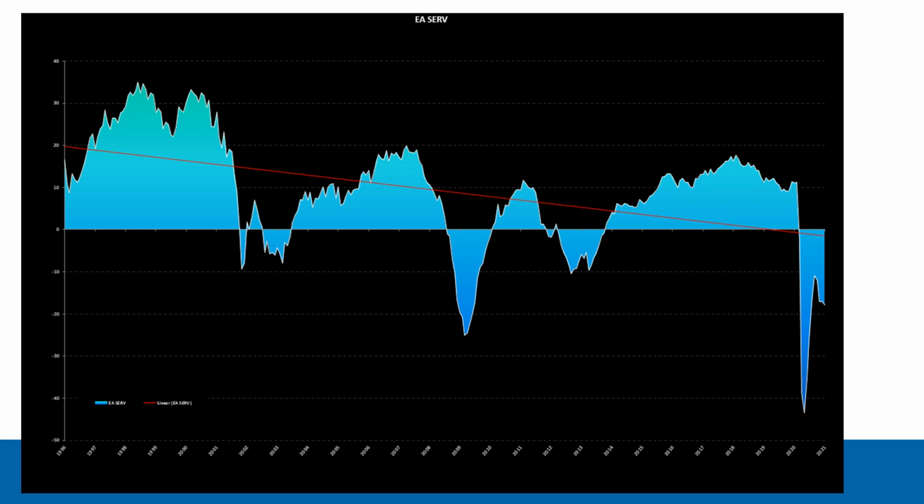So we can read a lot into the European project here in terms of sentiment coming from the manufacturing side of the Eurozone economy over the last 35 years and the services side of the economy over the last 35 years.